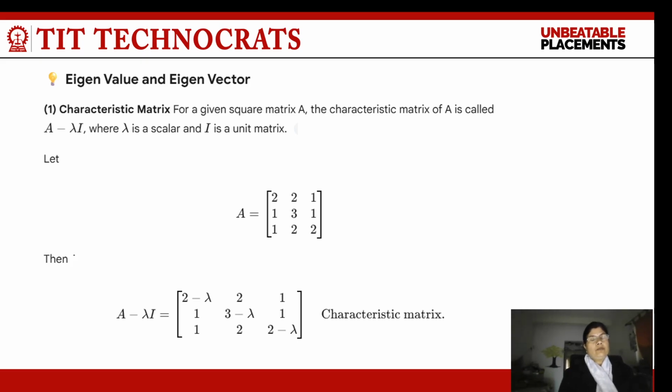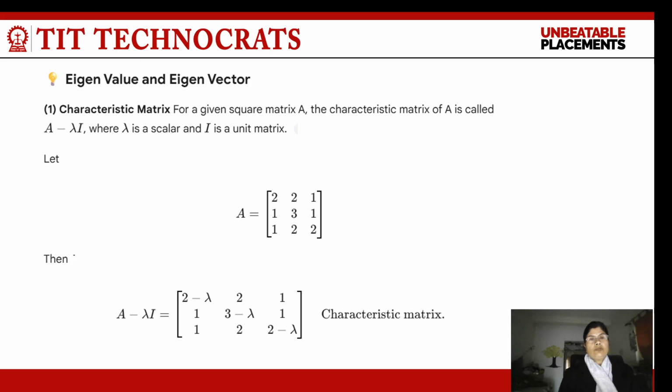Now students, we will discuss a new topic, that is eigenvalue and eigenvector. So here, characteristic matrix. For a given square matrix A, the characteristic matrix of A is called A minus lambda I, where lambda is a scalar and I is a unit matrix.